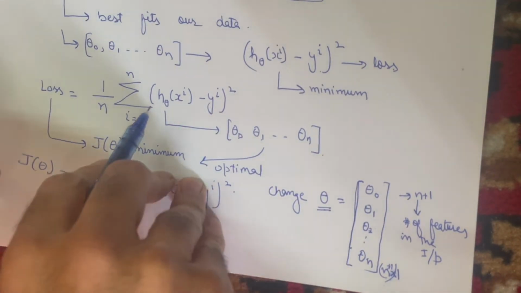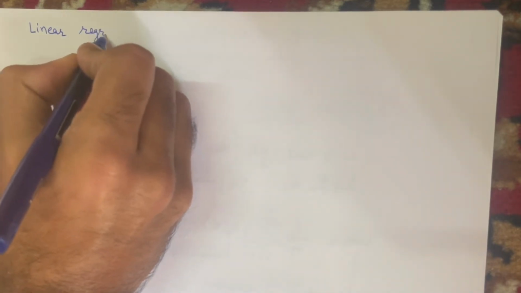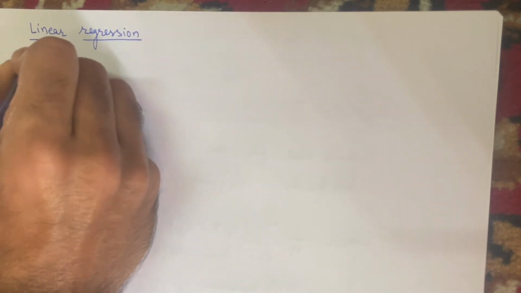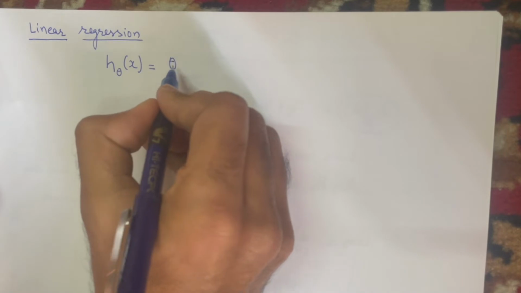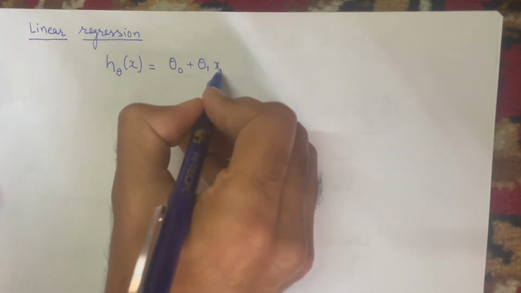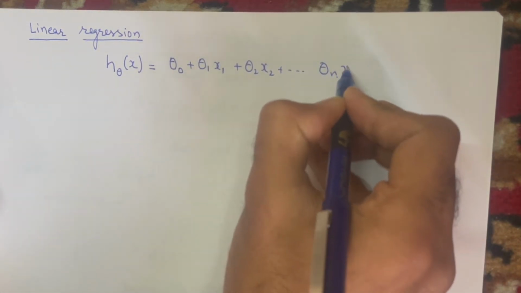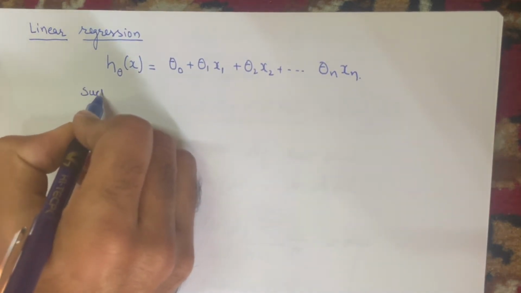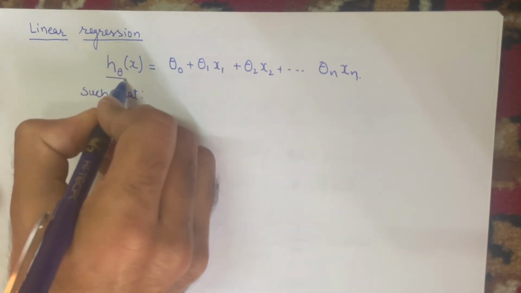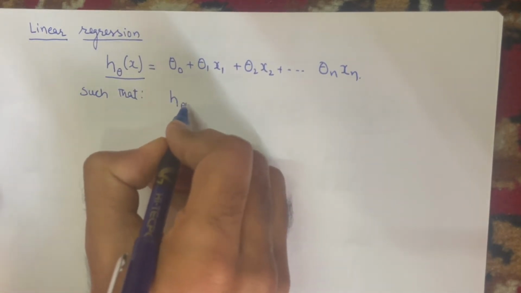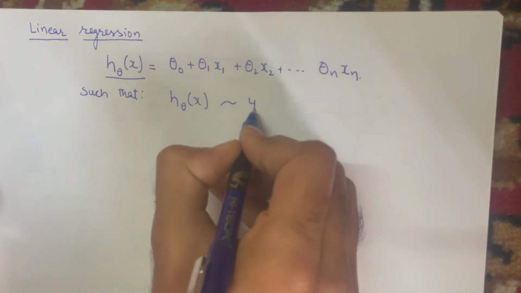Okay, so I will repeat it again, that in linear regression, we assume that there is a linear function h of theta x that captures this relationship theta 0 plus theta 1 x1 plus theta 2 x2 plus dash dash dash theta n xn, such that we want to find h of theta x such that the output of this particular function is similar to the actual output.